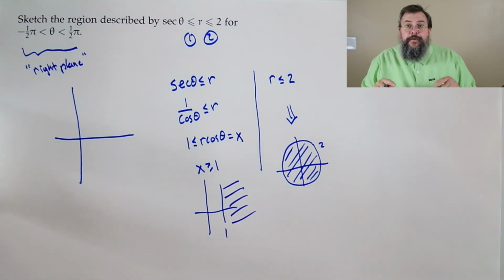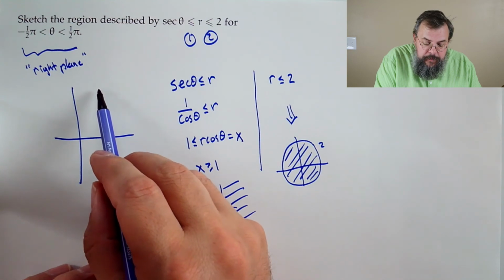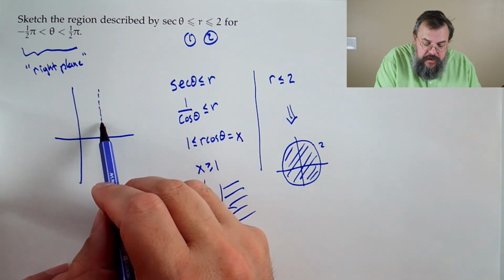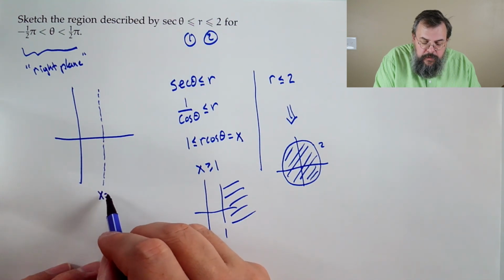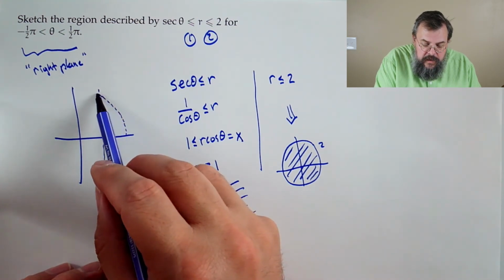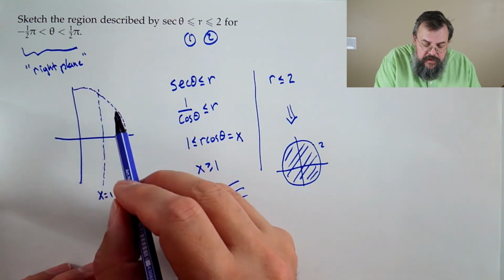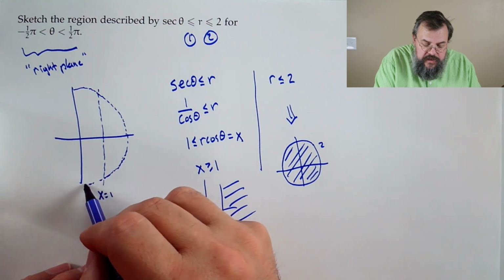And now we do our whoop, cross our eyes, and we're going to see a shape emerge. So we're going to help our picture here. We're going to do some dotted lines here just to highlight what's going on. Here's 1, and then we have our circle. You have to imagine that we could draw a circle.